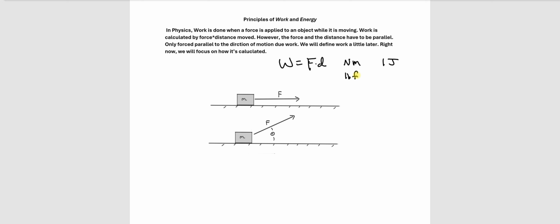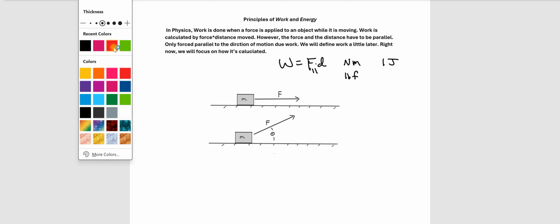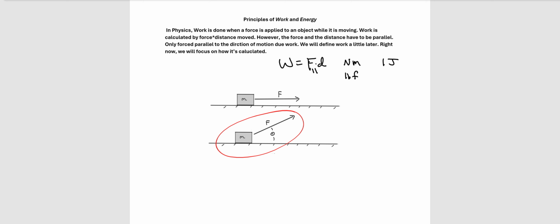Now, when we calculate work, there's a little qualifier though. When we say that work is force times distance, the force has to be parallel to the distance. So in the second picture right here, if we apply a force as shown, and the object moves along this floor in this direction, when we calculate the work, we want to break that force into components.